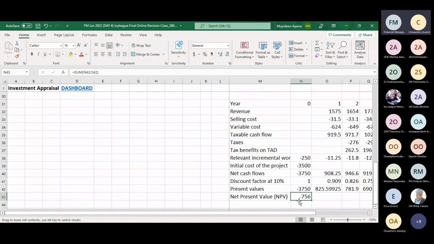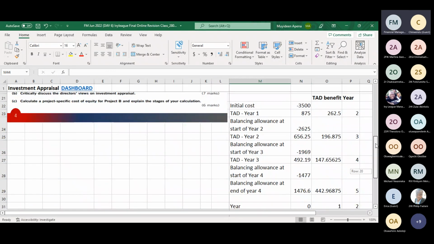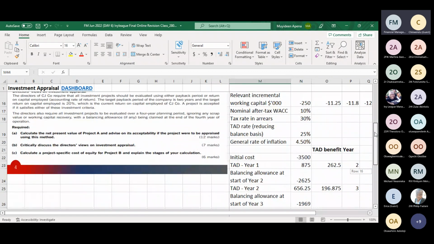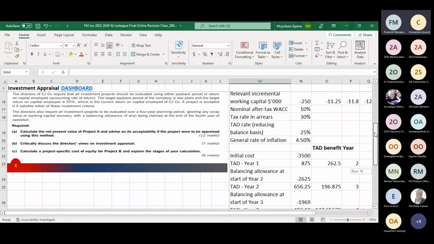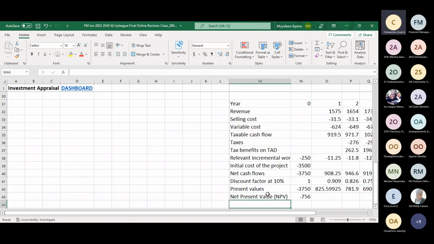So this is negative. So what is going to be our comment? Because we are also asked to advise on the acceptability. What's your comment? Shouldn't be accepted because a negative NPV will destroy shareholders' wealth.